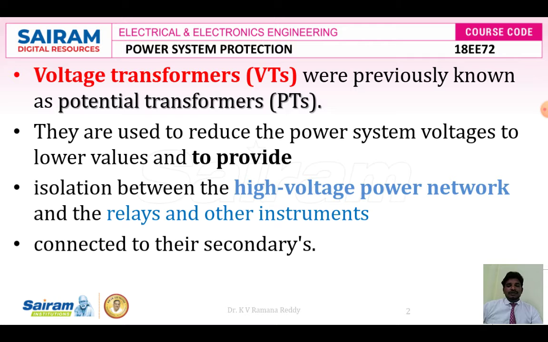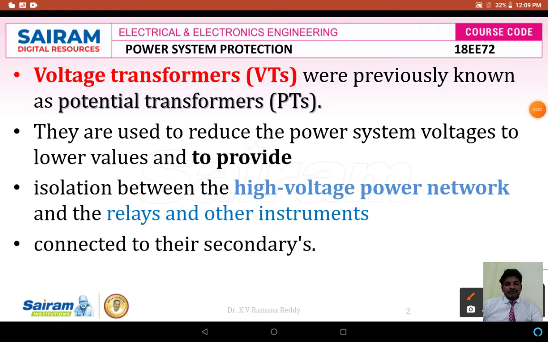It is difficult to measure such high voltage directly with any instrument, because if you want to measure that high voltage, the size of the meter would have to be very large. It is difficult to construct. So to overcome this difficulty, we use transformers called voltage transformers.